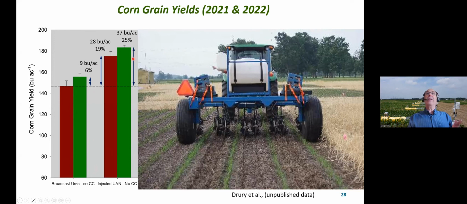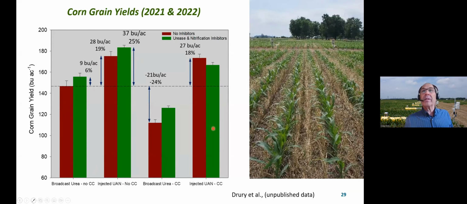Now, I'm splitting this graph up for a purpose. What we see, however, is a huge yield hit when we broadcast urea with the cover crop. What's happening is the cover crop, when we applied it as side dress, was starting to decompose, and all that nitrogen that we put on went to the microbes to decompose the cover crop.